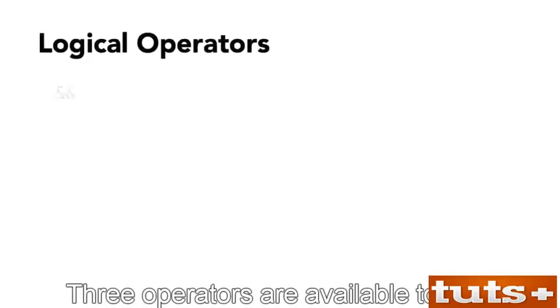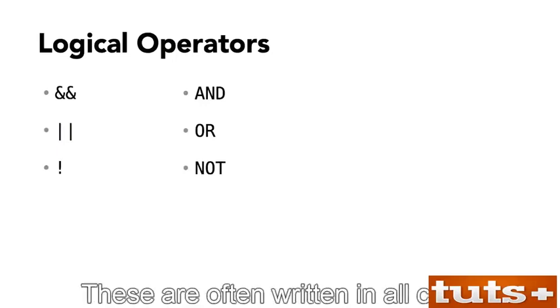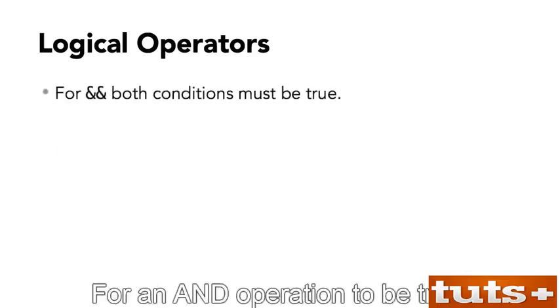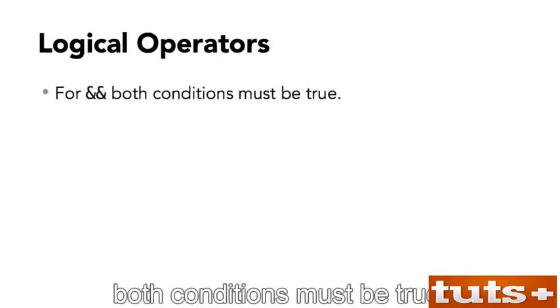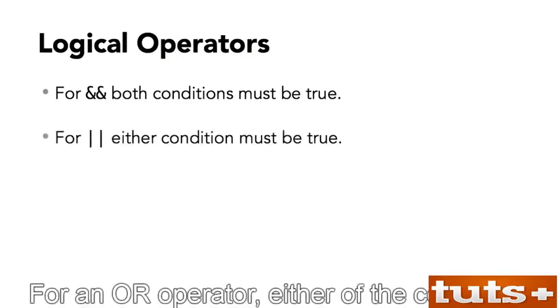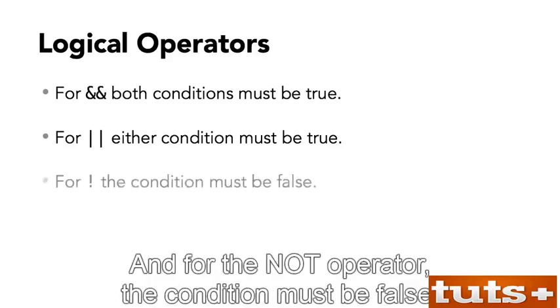These are often written in all caps so that they're not confused with irregular words. For an AND operation to be true, both conditions must be true, this and that. For an OR operator, either of the conditions must be true, this or that. And for the NOT operator, the condition must be false, which is backwards, but that's how NOT works, not this.